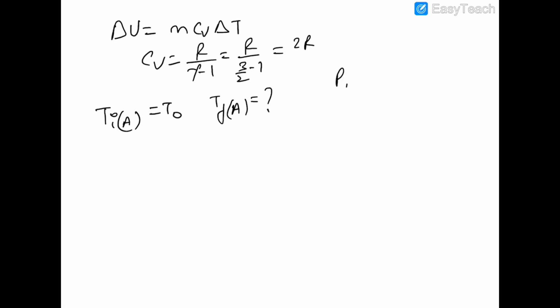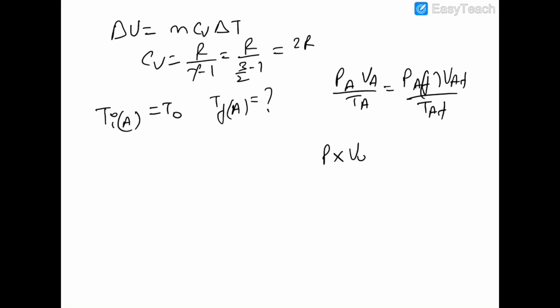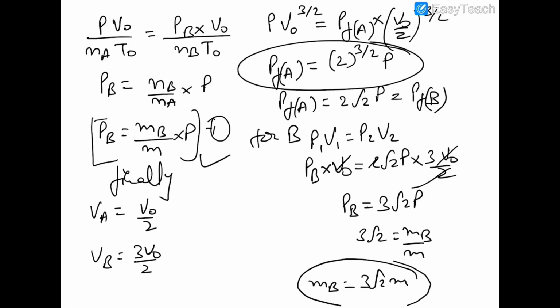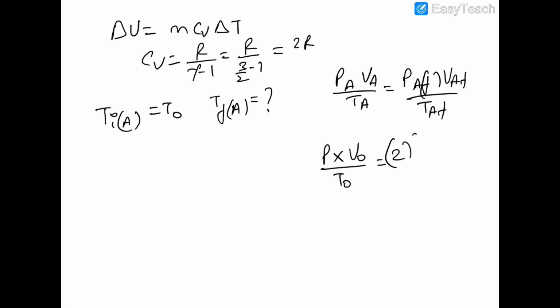So we can say that PA VA by TA will be equal to PA final VA final upon TA final. PA was initially P, VA was V naught, TA was T naught, and PA final is 2 to the power 3 by 2 into P, into VA final, which is V naught by 2, divided by TA final.